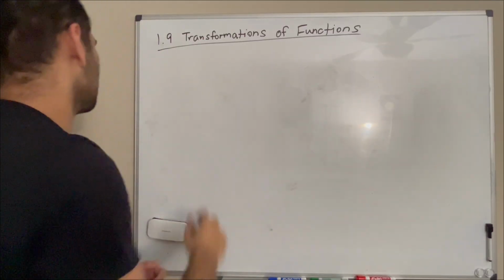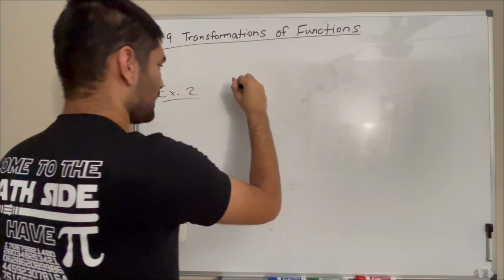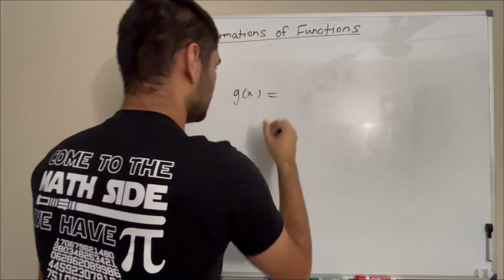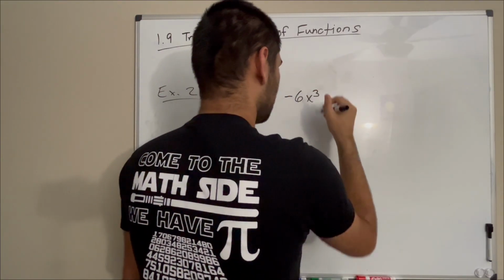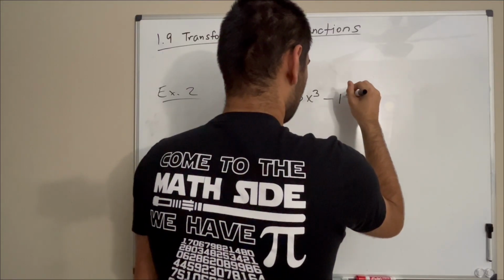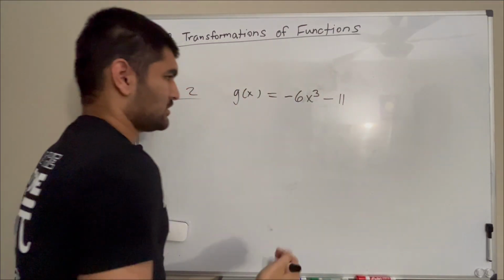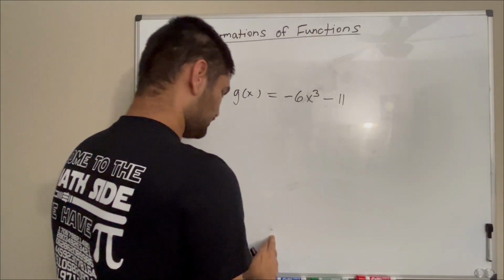Alright, let's do another example. Let's say we had g of x is equal to negative 6x cubed minus 11, right? Just something random. So let's list all the transformations.